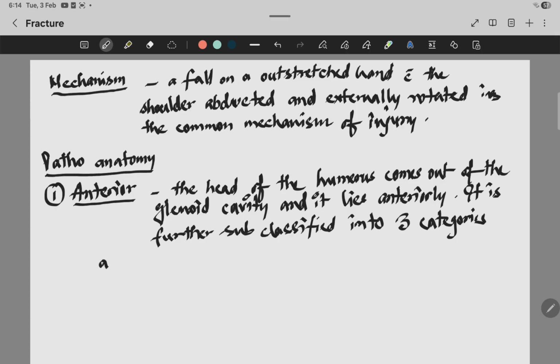Number A is the preglenoid type. Number B is subcoracoid. Number C, subclavicular.